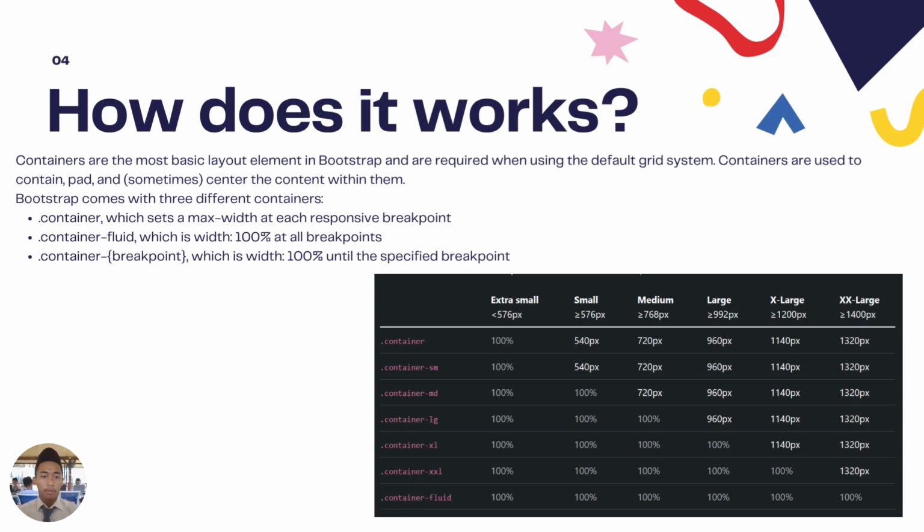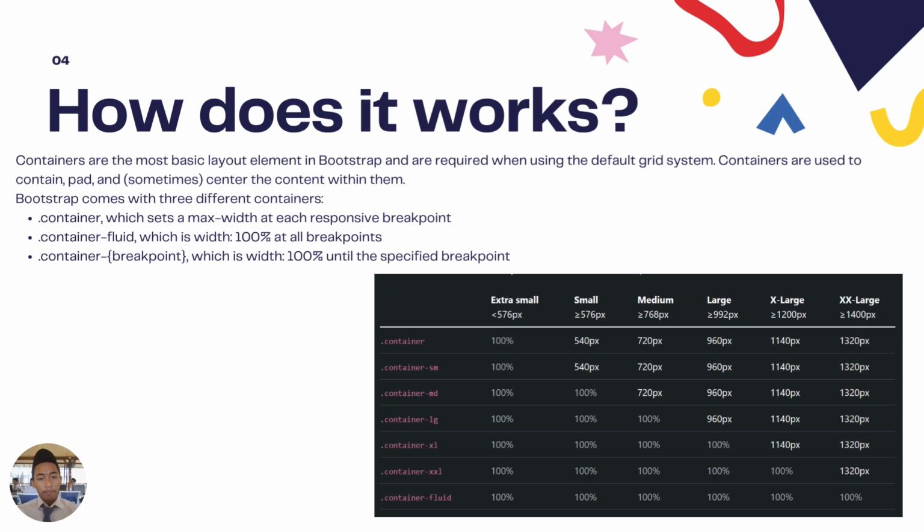For this example, when we use the class container-lg, when the screen is above 992 pixels, the width of the container will be 960 pixels and not going to be more than it.